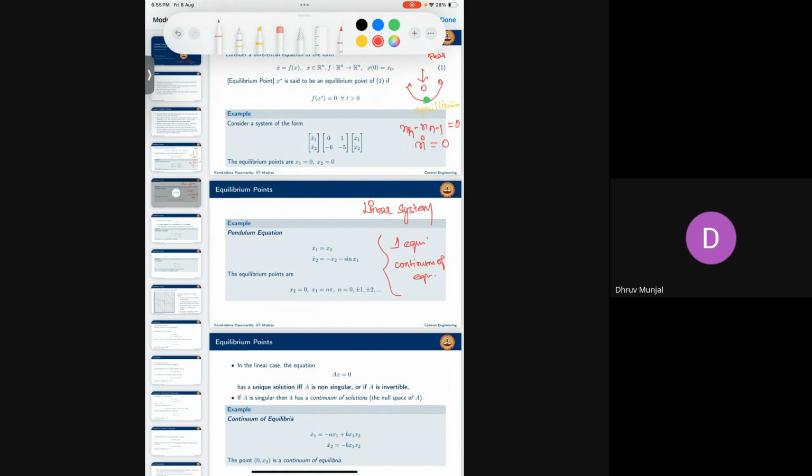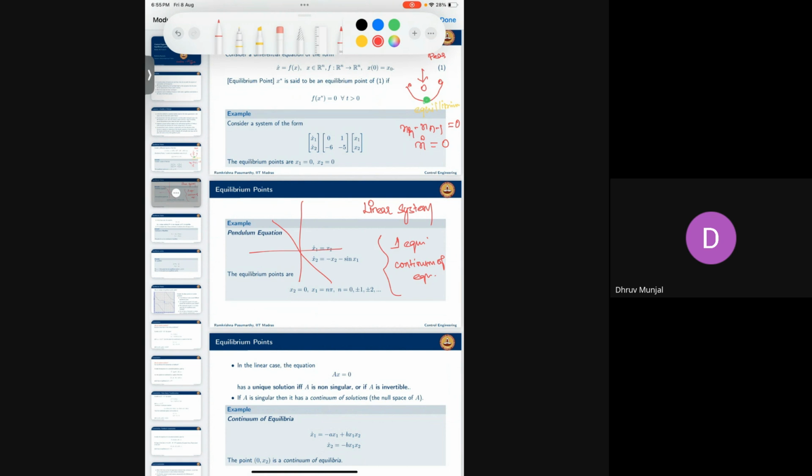There will be only one minimum, that is its equilibrium point, or otherwise it can have a continuum of equilibrium points, kind of a plane, not two different or three different or five different points. It cannot be countable.